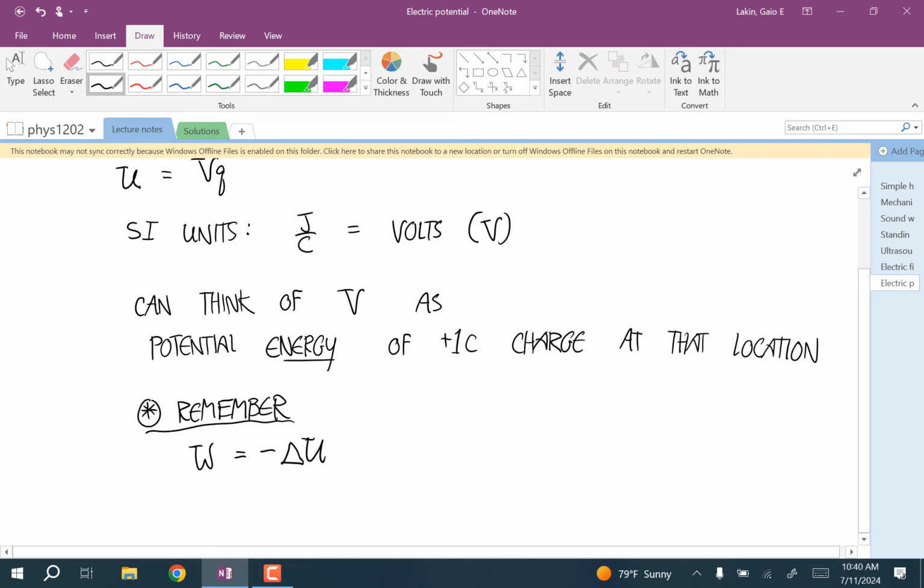So if you have a way to calculate the electric potential, you multiply that by the charge of your particle to get the potential energy, and then you use this relationship to find the work.